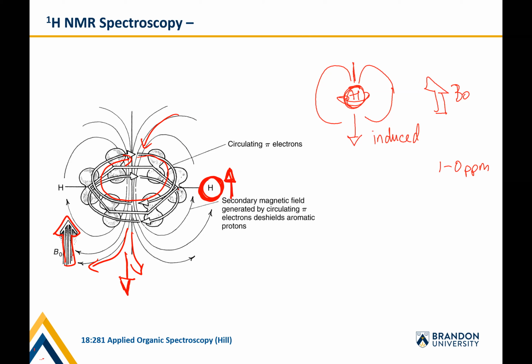So the little protons on this ring, which are pointing out, are in a zone of the circulating pi electrons where the induced field is aligned with the applied field. So this makes them very de-shielded. That's why they're down at 7 ppm. So aromatic rings, a lot of the protons are around 7 ppm.